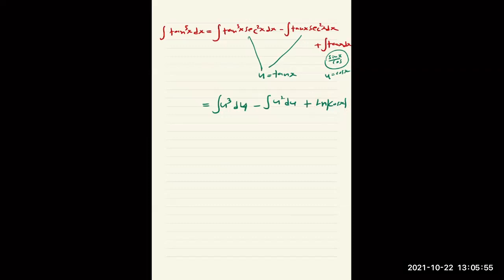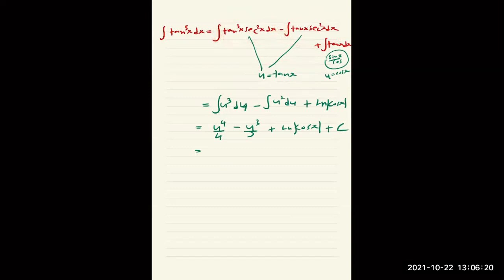All right, now if you find the first two integrals, you get u to the power 4 divided by 4 minus u cubed divided by 3 plus ln absolute value of cosine x plus c. Now I can back substitute for u. u is equal to tan x for these two integrals.